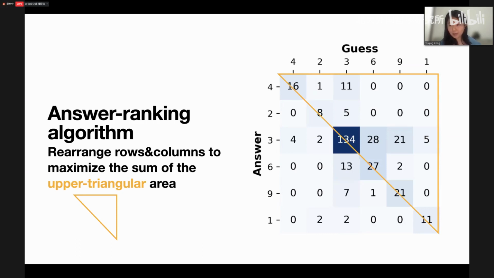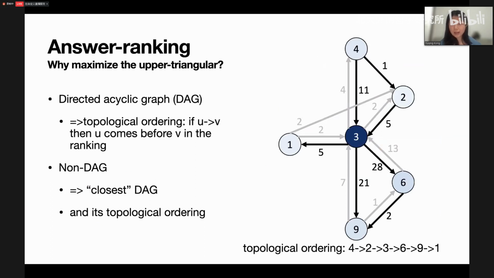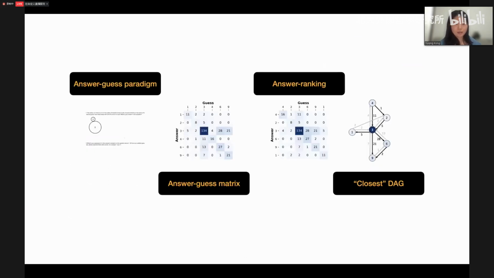We just get the matrix from people's reports, and we rearrange the rows and columns based on this rule. And we actually get this directed acyclic graph. I may just skip this part because this is technical. Okay, so this is the full paradigm of this survey.